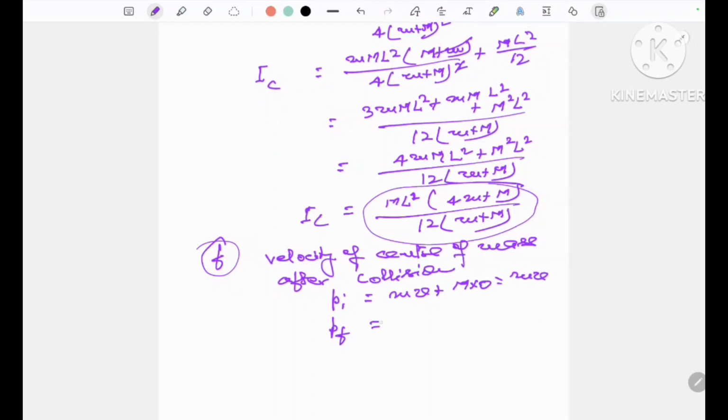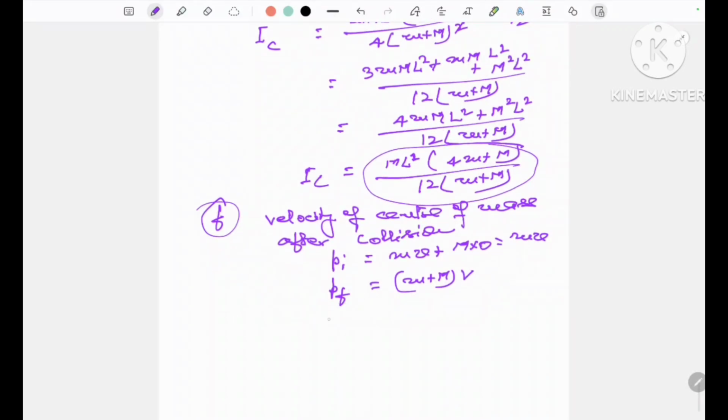Final linear momentum Pf will be (m plus M) into V. Pf equals Pi, so (m plus M) V is equal to mv, and V is mv by (m plus M). This will be the velocity.